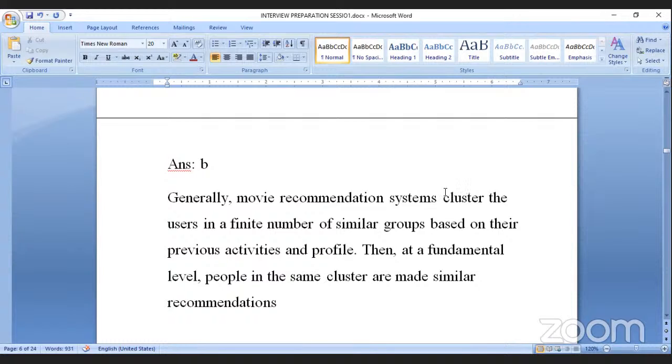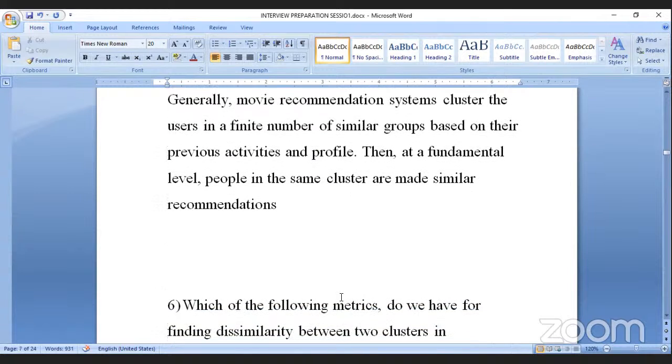The clustering forms a finite number of similar groups based on their previous activities and profile. Clustering, very good, very good. Okay, we move to the next question.